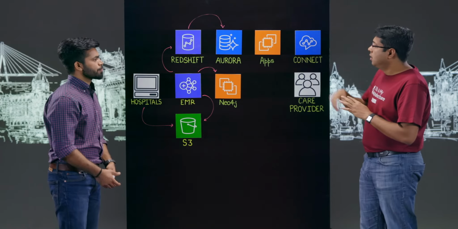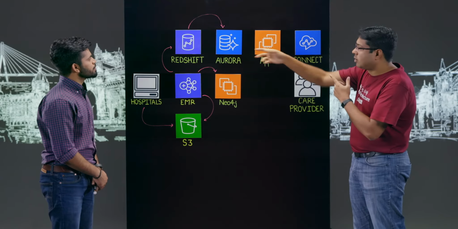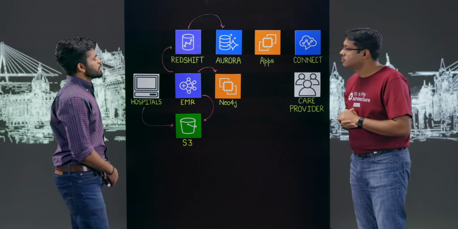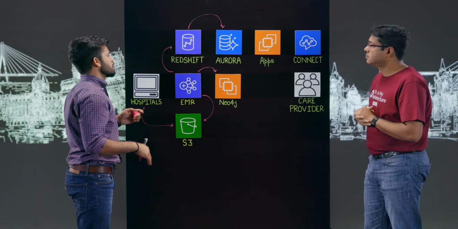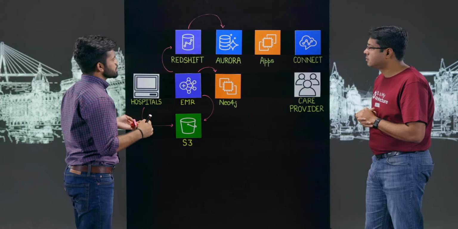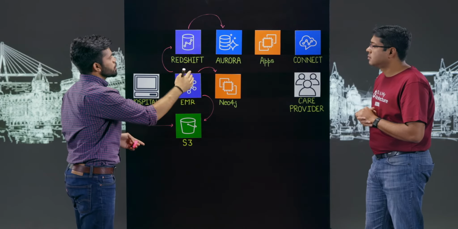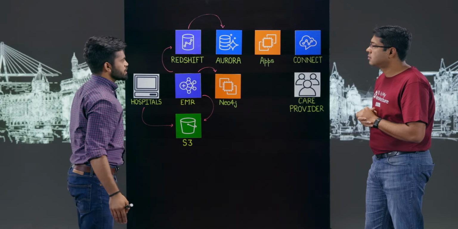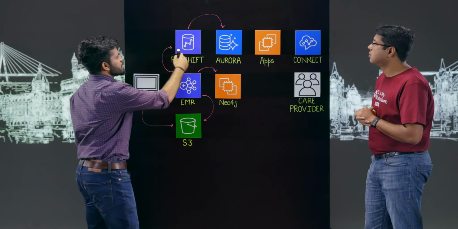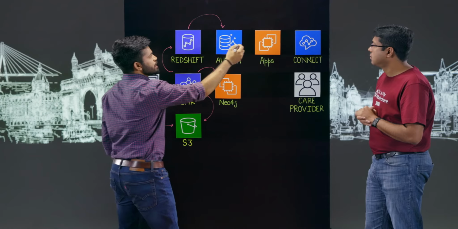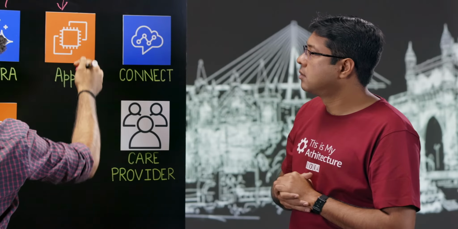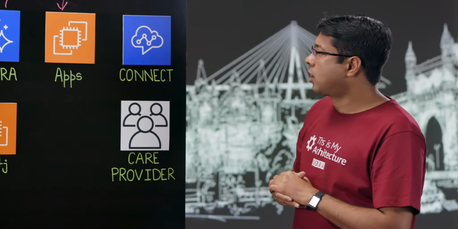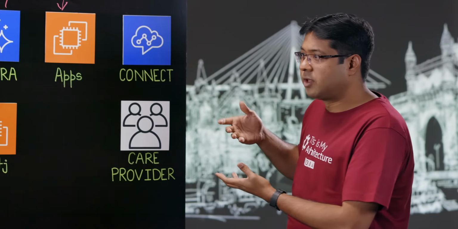Okay, fair enough. So what does Aurora do here? Yeah. Once we have done all the analysis, the data is inserted into Redshift. We use Aurora for powering our applications. From Redshift, data is synced into Aurora, and then all the applications utilize this information. Okay, and these apps are then used by your various consumers, right?